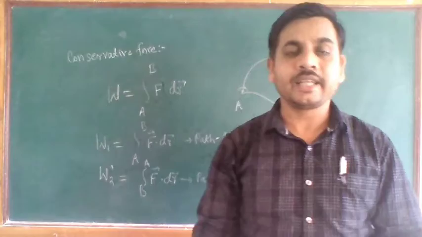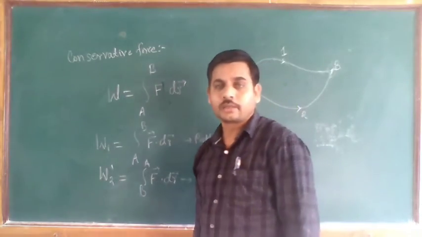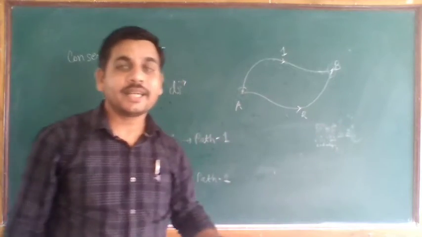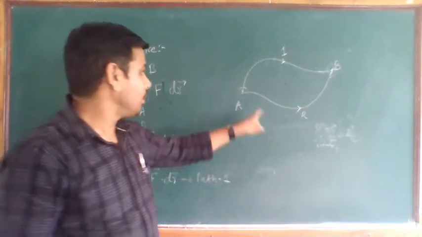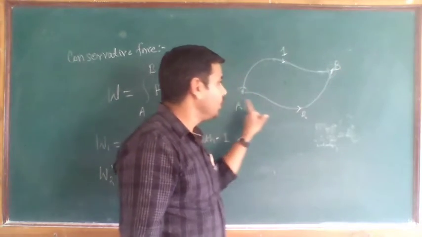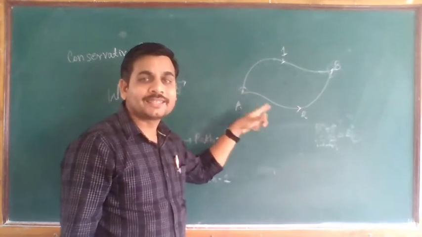Here we consider the total work done, because here we can check the round journey, or we can say the closed loop, from position A to B along path 1, and again from B to A along path 2.